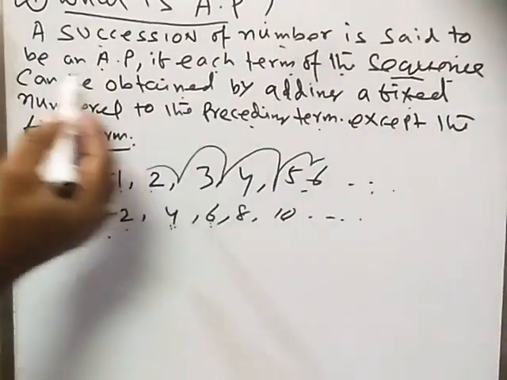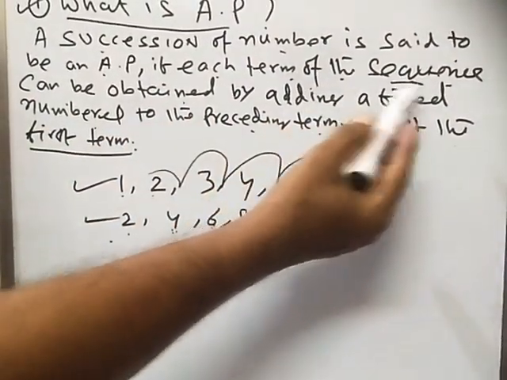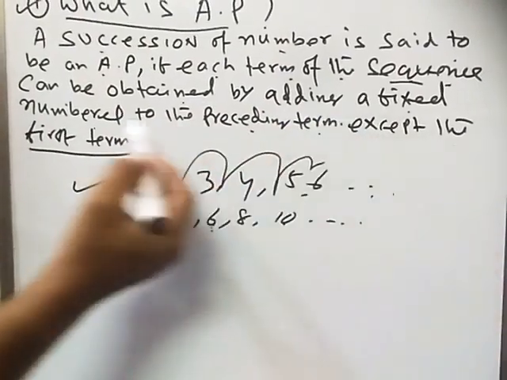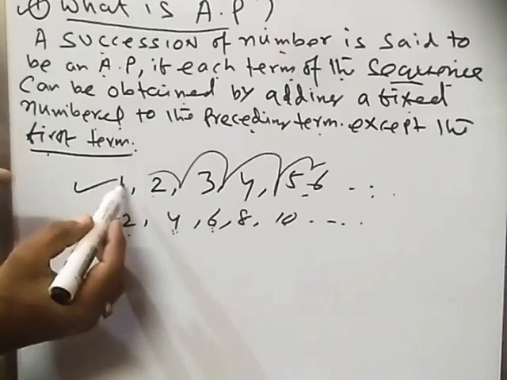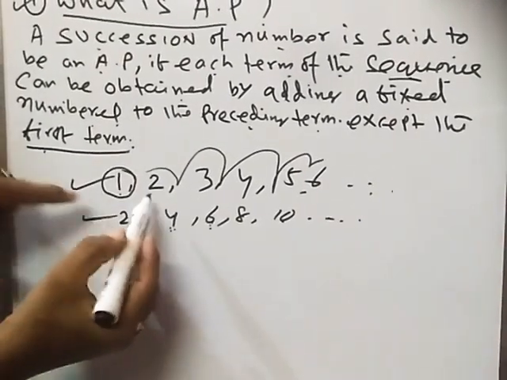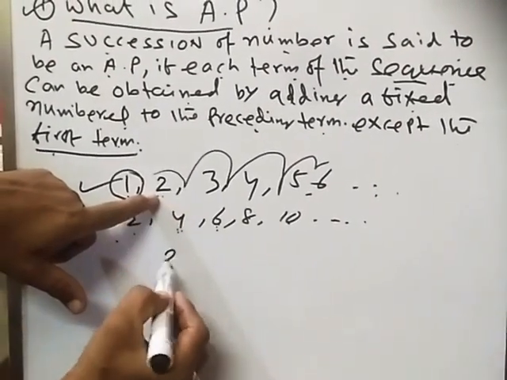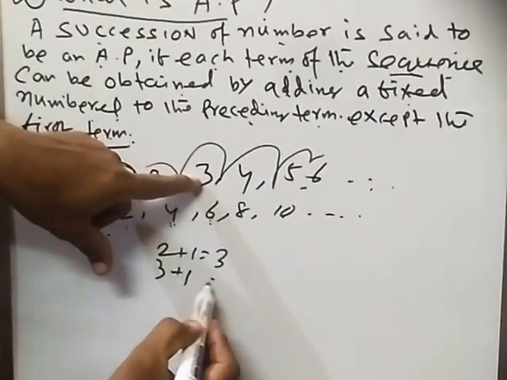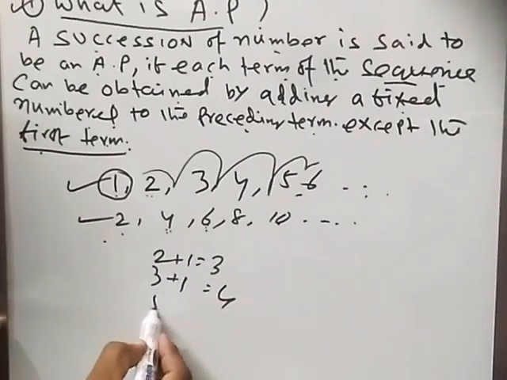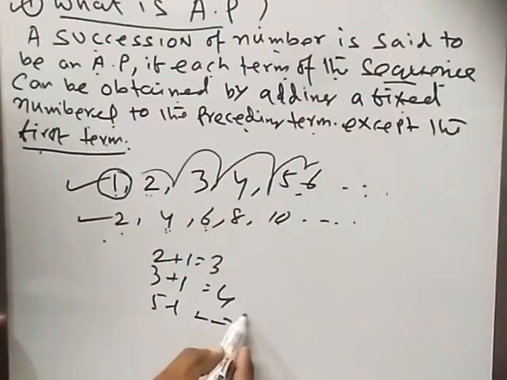Clear? So it can be obtained by adding a fixed number to the preceding term, except the first term. This is the first term. If you add 2, 2 plus 1, 3. Again, 3 plus 1, 4. 5 plus 1, 6.